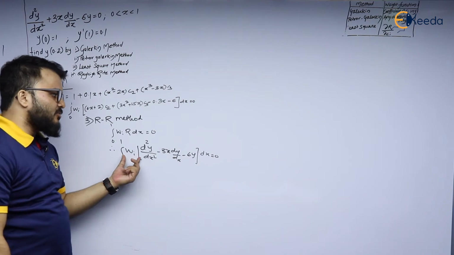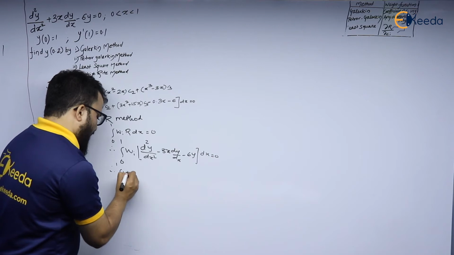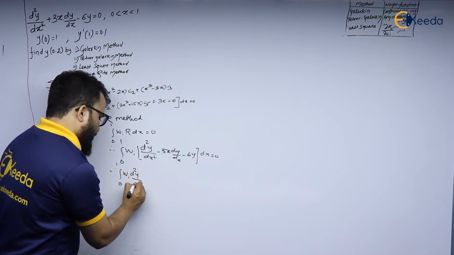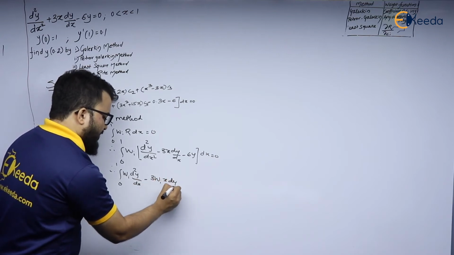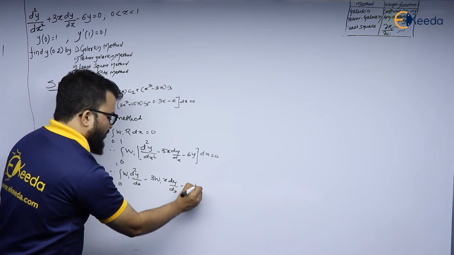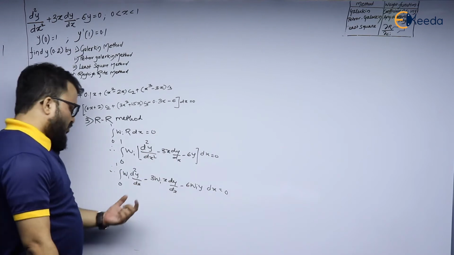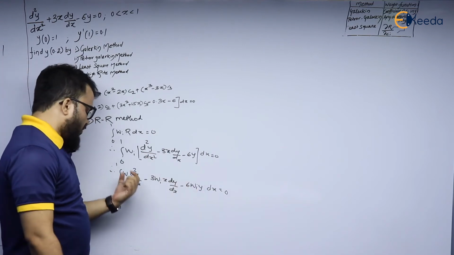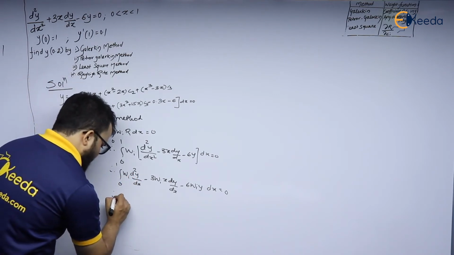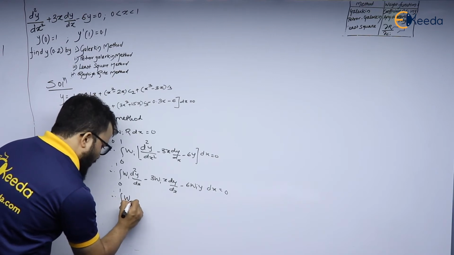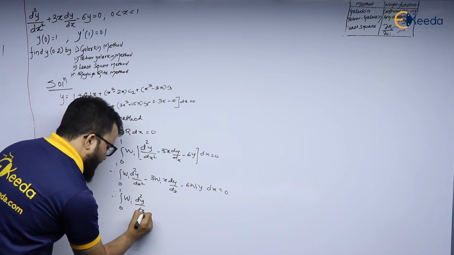Now I will multiply this Wi throughout this bracket. So my equation becomes integral 0 to 1 of Wi into d square y upon dx square minus 3 Wi x dy by dx minus 6 Wi y dx equals 0. Now we will solve each term's integration. Let's see the first term: integral 0 to 1 of Wi d square y upon dx square.